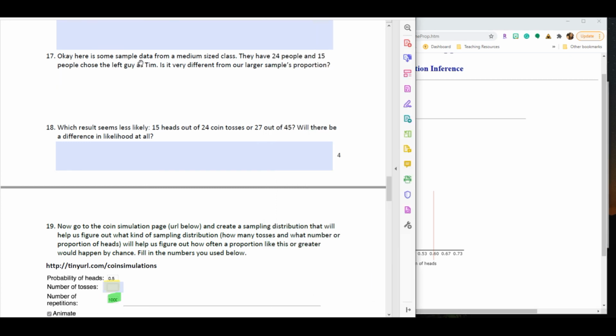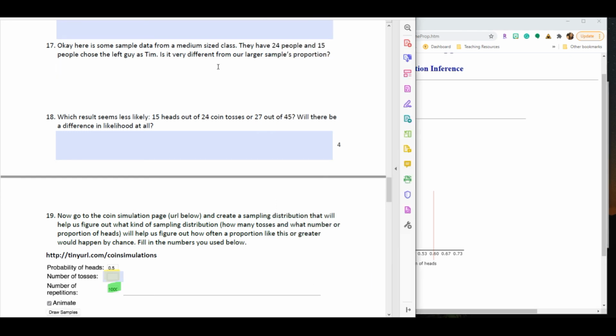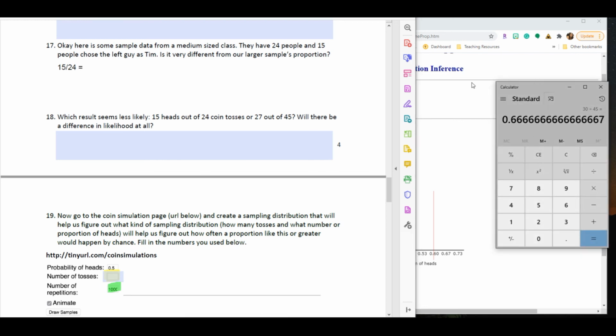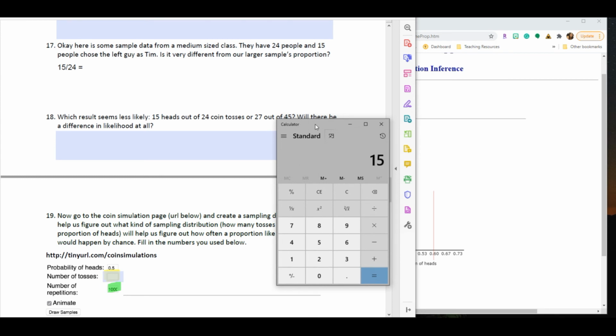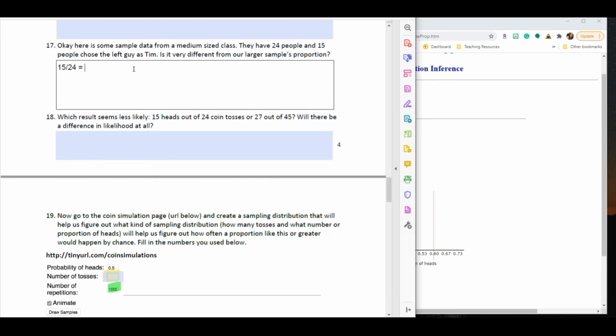So if we have a sample of data from a medium-sized class with 24 people, and 15 people choose the guy on the left as Tim, what proportion is that? Well, 15 who chose the guy on the left, divided by 24 people total, is going to give us our proportion. So 15 divided by 24 is 0.625, about 62.5%.